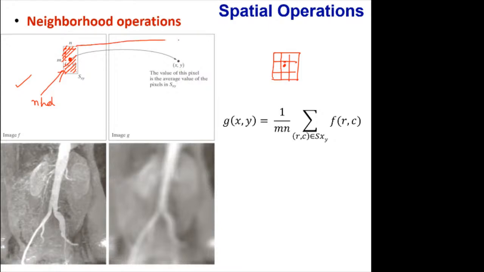I have projected this here, and I am explaining it on the right hand side. Suppose there is a center pixel whose coordinates are x, y. And I am considering one pixel above.